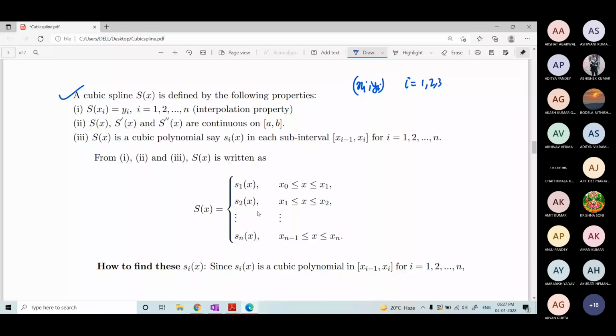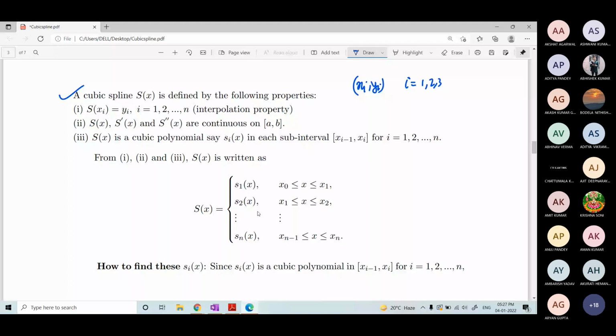If small si of x is a cubic polynomial in the interval xi minus 1 to xi, what will be its double derivative? We are considering one piece at a time, the ith piece. Si is a cubic polynomial defined in the interval xi minus 1 to xi.